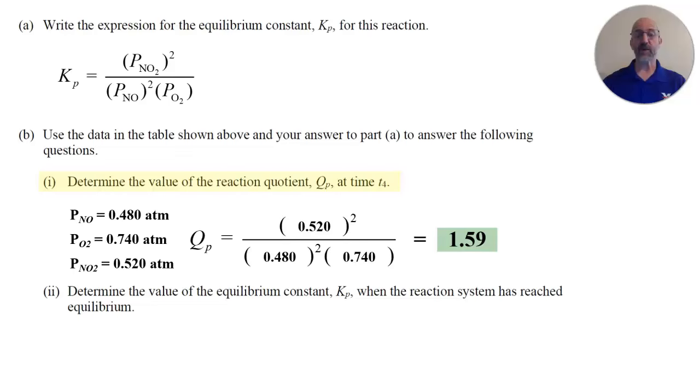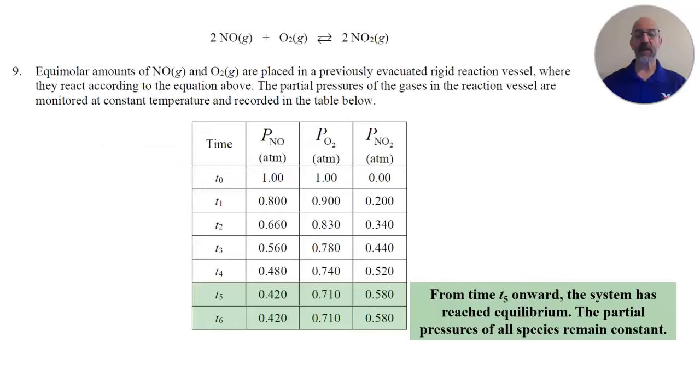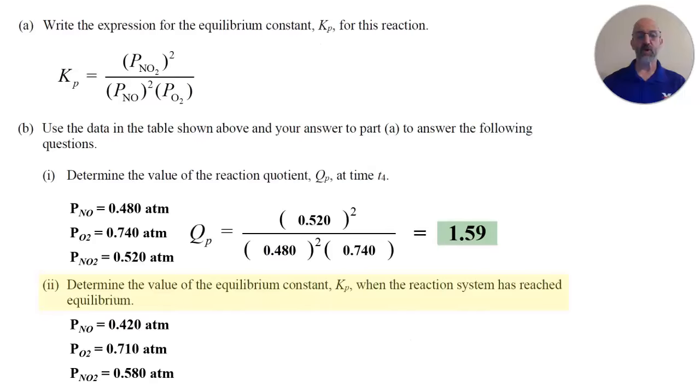Now, moving on to part B II, it says determine the value of the equilibrium constant, so Kp, when the reaction system has reached equilibrium, and that would be from time T5 onward. So my partial pressures are 0.420, 0.710, and 0.580. The partial pressure of NO is 0.42 atmospheres.